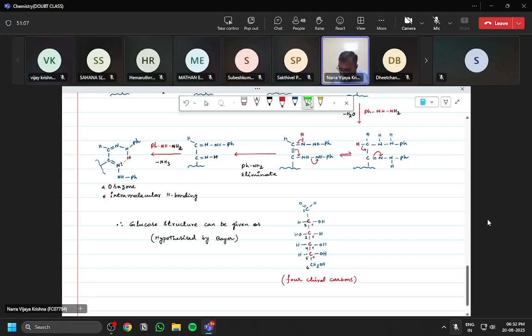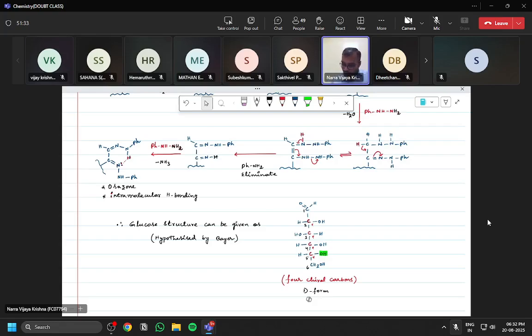As we have the OH group on the last chiral carbon towards the right side, we call this the D form. Because of the D form only, we call it dextrose. Now, based upon this, one cyclic form was also predicted. We call that cyclic structure the Haworth projection.